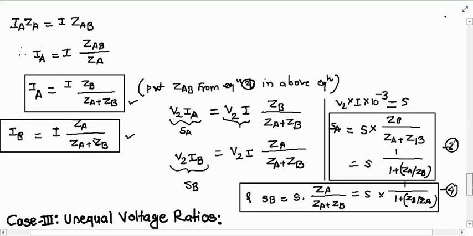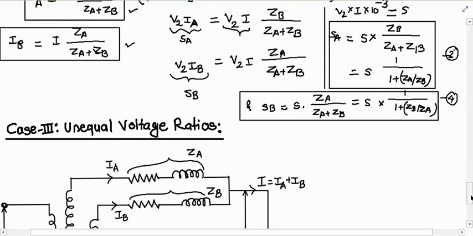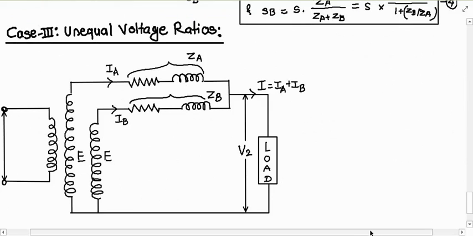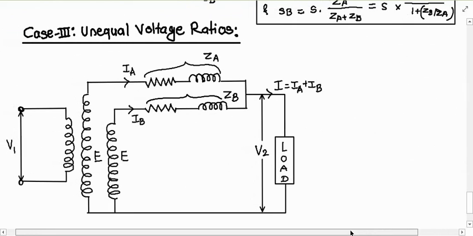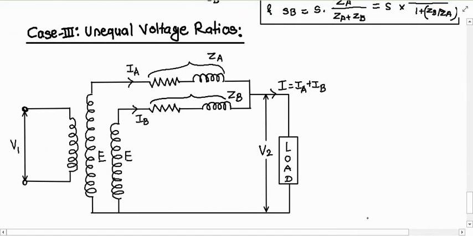Now let us see the third case, that is unequal voltage ratios. In this case, the voltage ratios of the two transformers are different. It means that their no load secondary voltages are unequal. Such cases can be easily handled by drawing the phasor diagram.